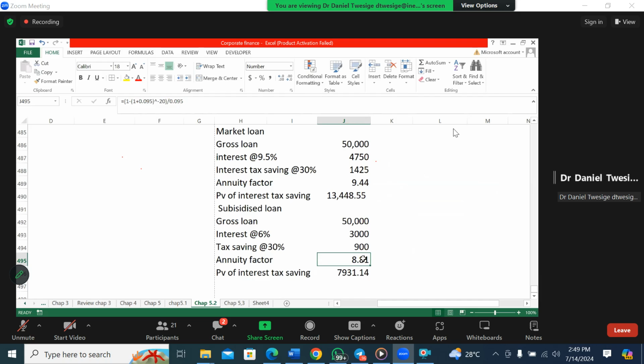But how are you going to look at this? Should we use 25 years? Are you going to get this benefit for 25 years, or is the benefit going to stop in 20 years? Are you getting my issue? Maybe I'm the one thinking too much. Because what we are recognizing is a benefit. Are you going to get this benefit for 25 years when the loan is paid in 20 years?